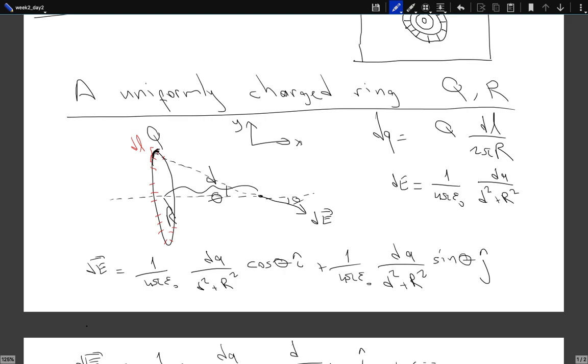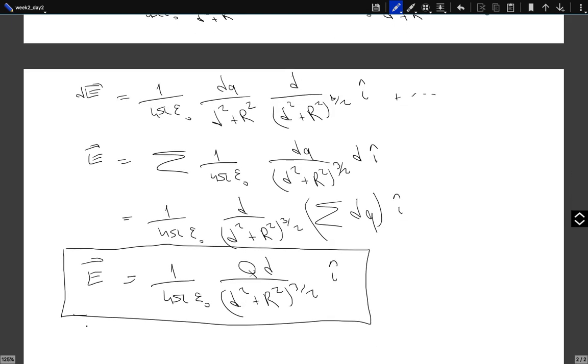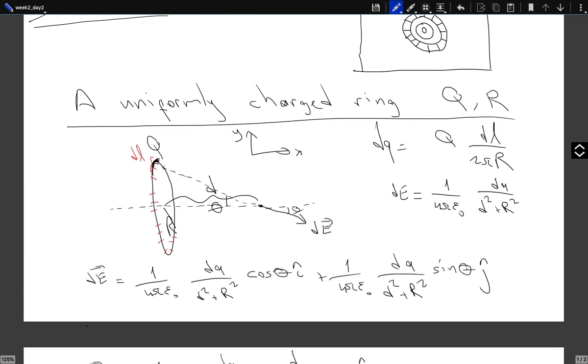Let's see if our answer makes sense. There are several limits that we can easily check. If d is equal to 0, our answer predicts that the electric field should be 0. Now, if you go back to our initial sketch, does it make sense that when d is equal to 0, the electric field should be 0? Yes. Why?